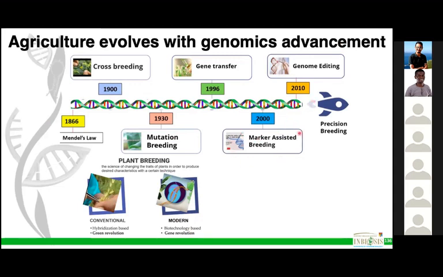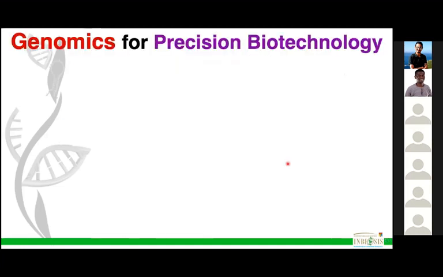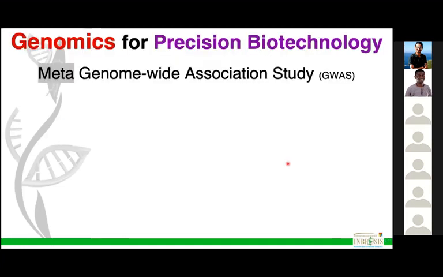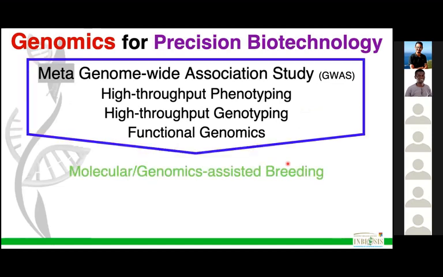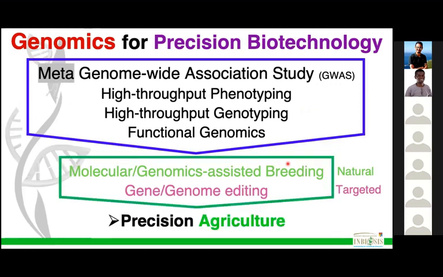With the genome information, this allows a lot of marker-assisted breeding to circumvent the biosafety issue. So genomics contributes to precision biotechnology by going through GWAS, high-throughput genotyping, phenotyping, and functional genomics, allowing molecular genomic-assisted breeding or genome editing for targeted traits. So this leads to precision agriculture.